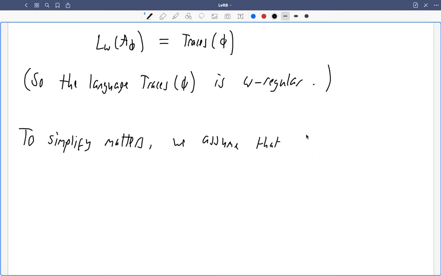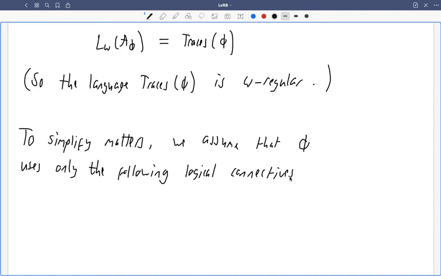We assume that phi uses only the following logical connectives. So we're going to use negation, disjunction, true, the next operator, and the until operator.